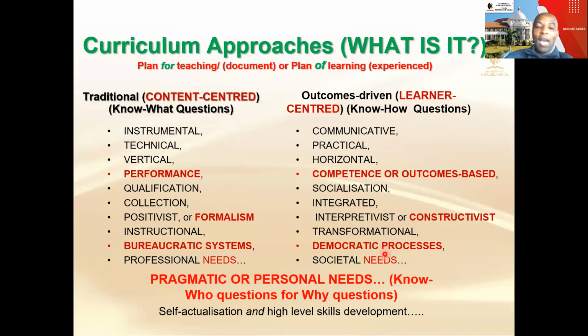Then they will start to take the outcomes-driven approach. But I give it to them through the content-driven approach. So I am combining these two so that those who learn better from this side will benefit, and those who learn better from this side will also benefit. So they are equal. That is what we call the pragmatic approach.